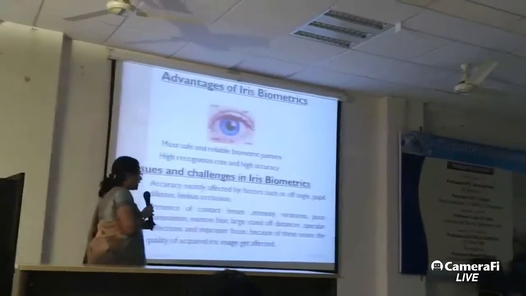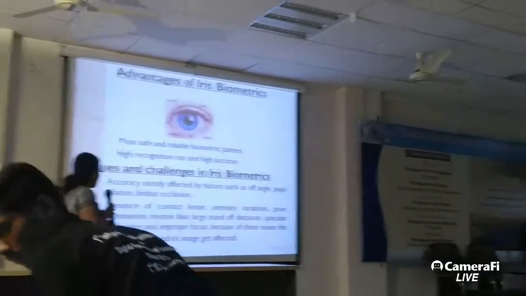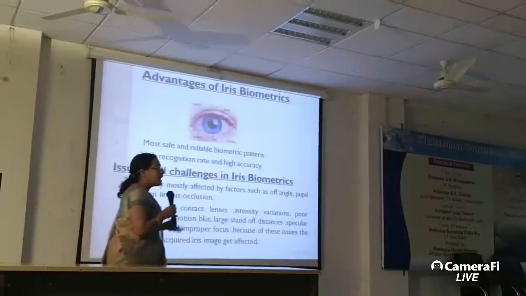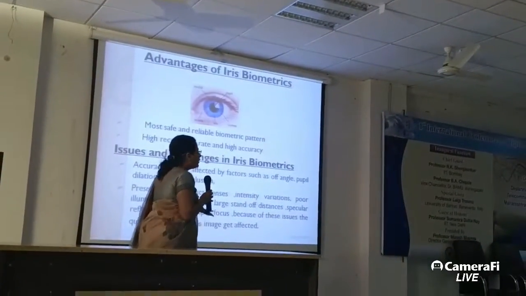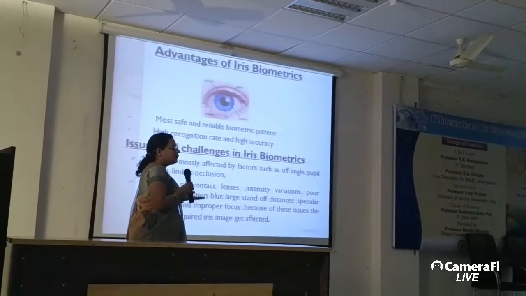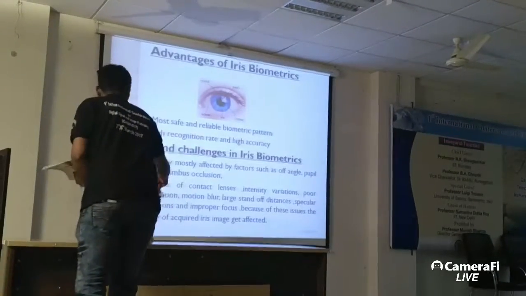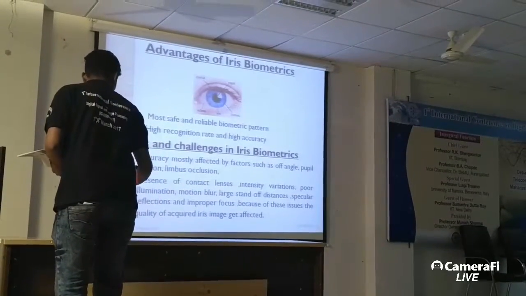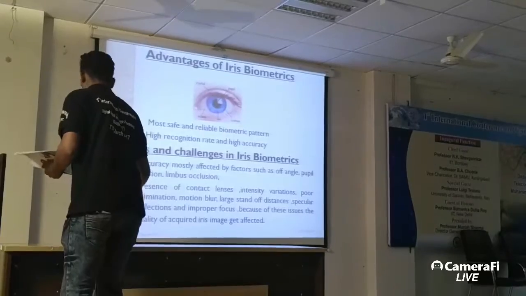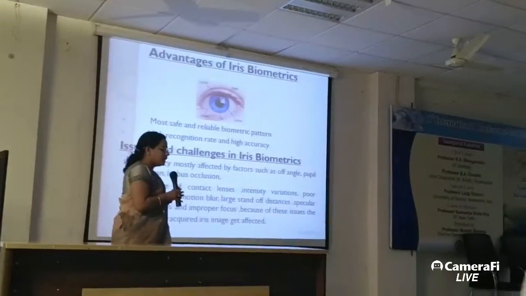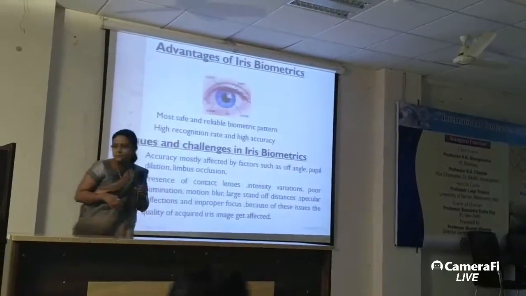Also the presence of contact lenses, intensity variations, poor illumination, motion blur and large distances degrade the quality of the acquired iris images. So these are the main issues in iris biometrics.